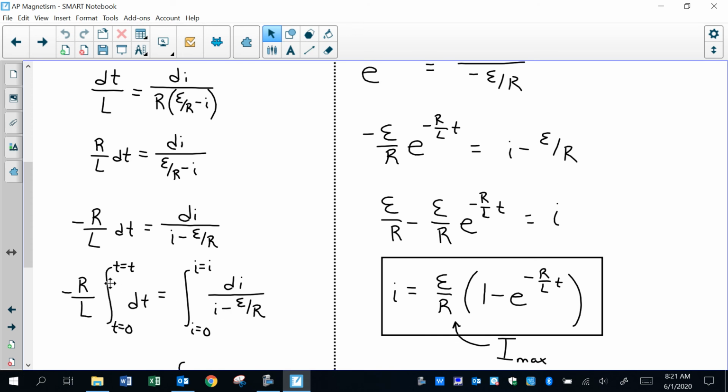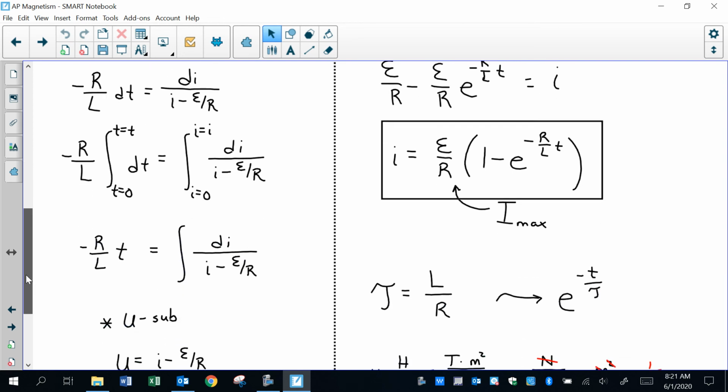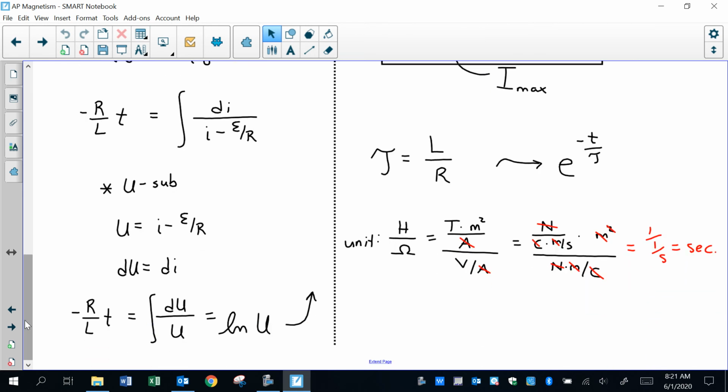Everything else is on this side, and they're all constants except for time. So when we integrate, we just get time on the left, and then we have to integrate on the right. We can do our U substitution for that, and we end up with the natural log of our lower function.